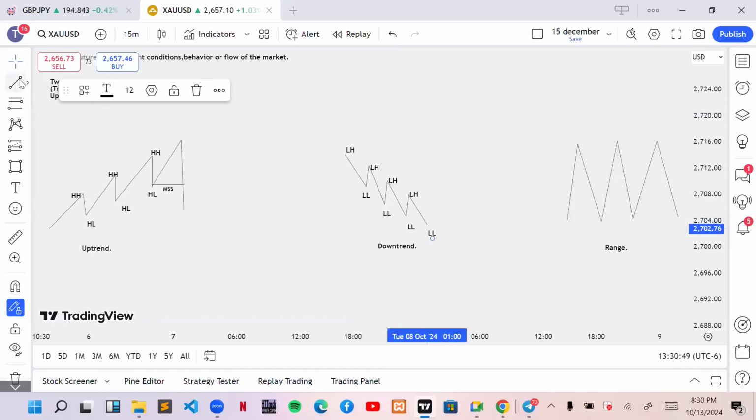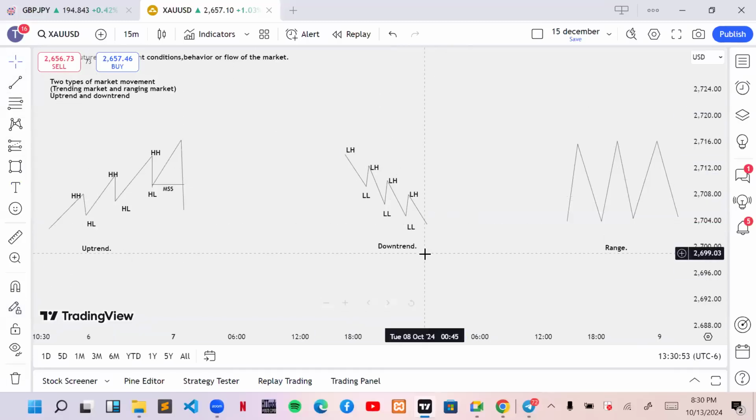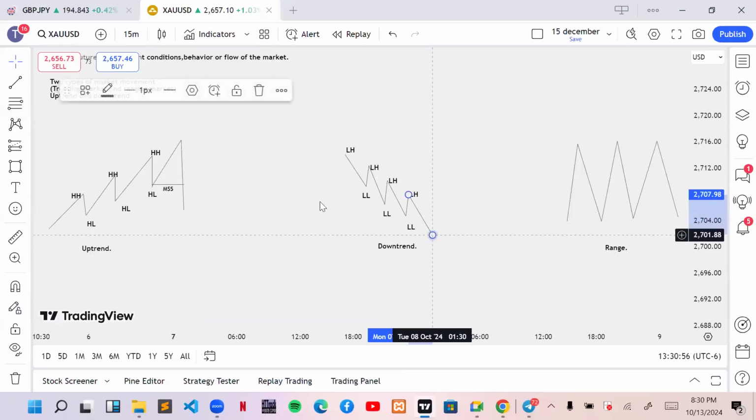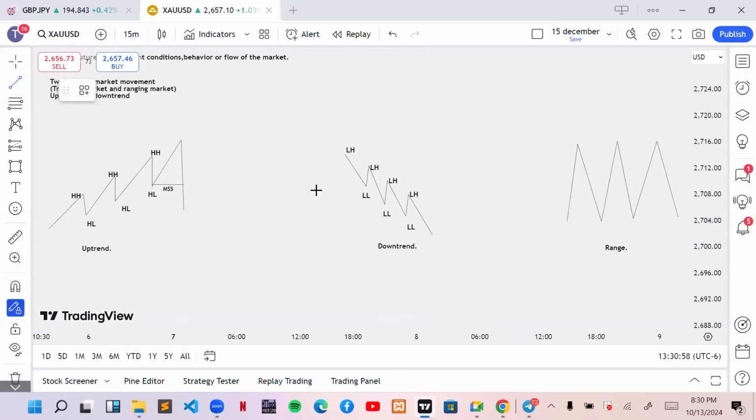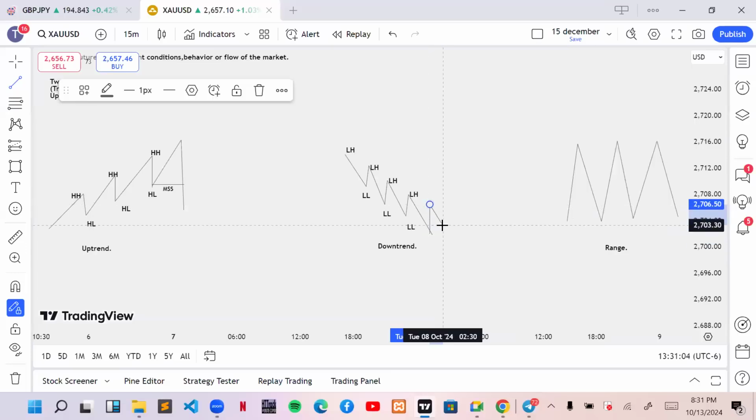But in a situation where the market does something like this, so you know this is the last lower low here, instead of continuing the downtrend by making another lower low and going down, the market does something like this. It breaks this high and makes a higher high.